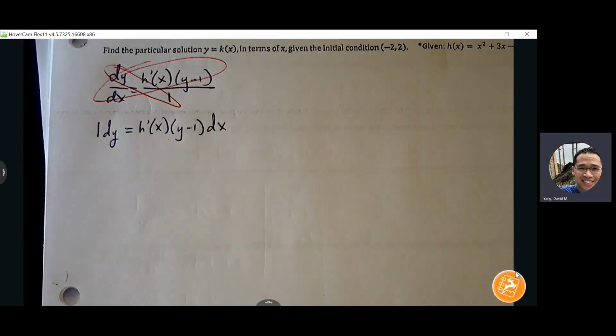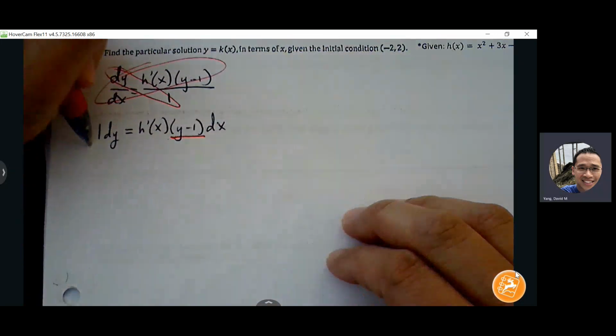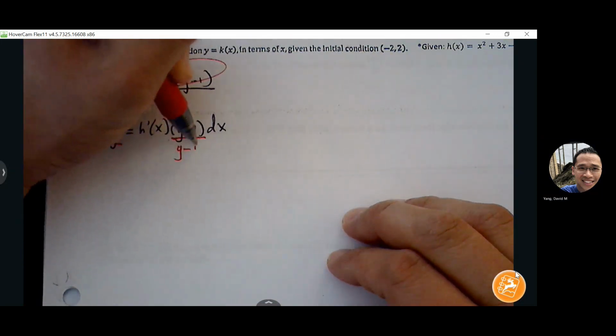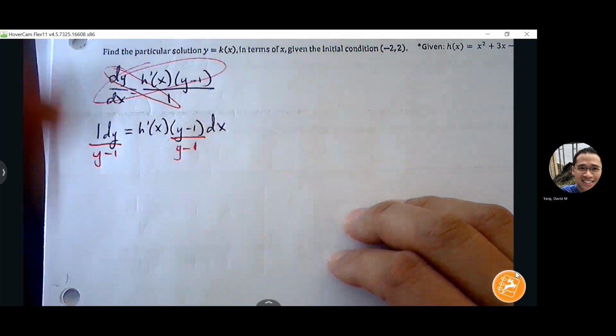All right, one thing is out of place. What's that? Y minus 1. All right, so move that over to the left side. Divide that over. When we divide, we put something in the denominator.